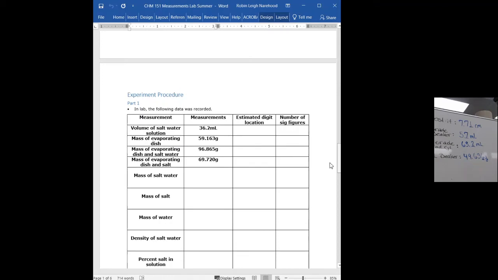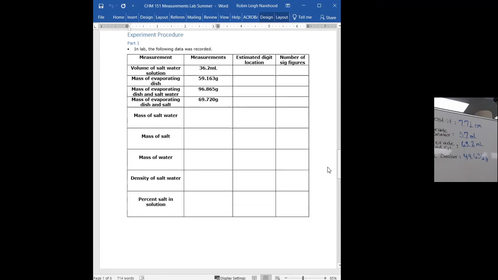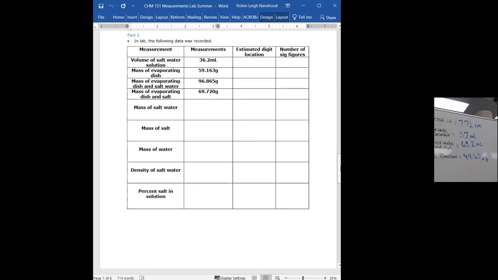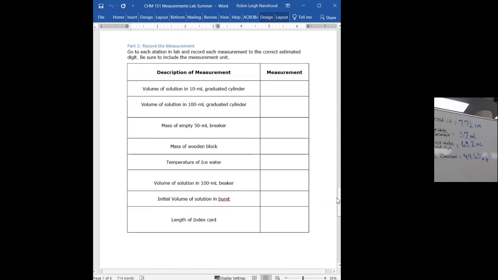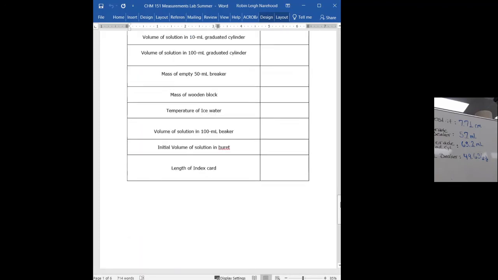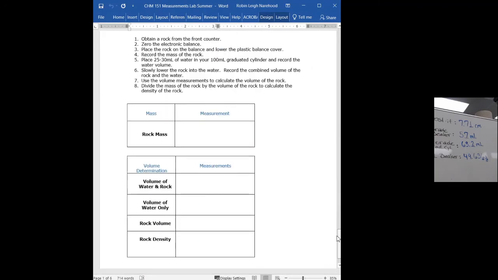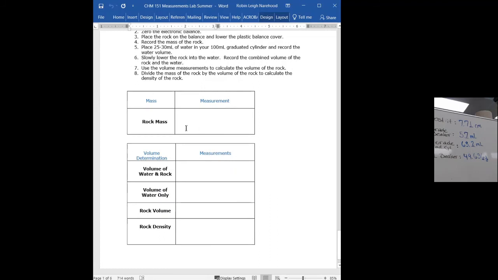And then the procedure that you're going to do together, here's another example. These are measurements that are taken. You're going to take these measurements at different stations. And then you're going to measure the volume and the mass of rock by measuring the volume by submerging the rock into water. So this is the experiment that you need to read over.